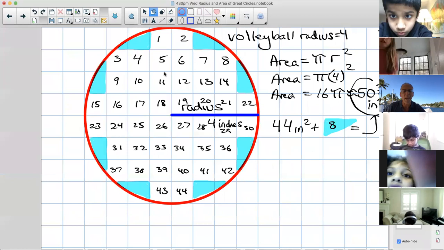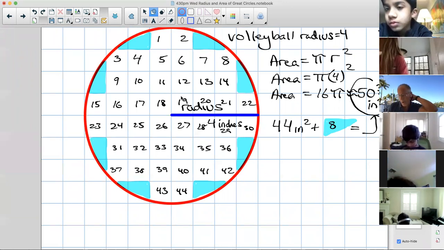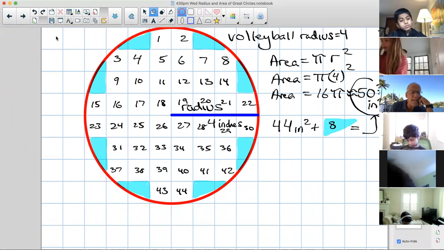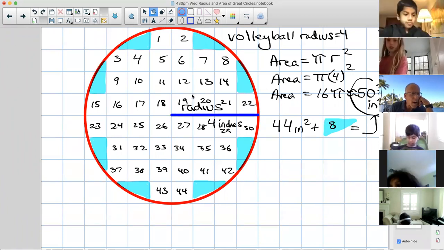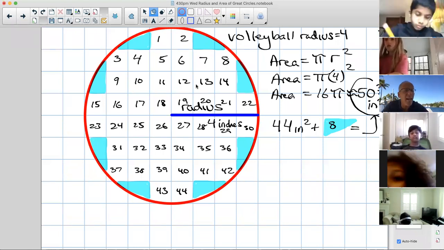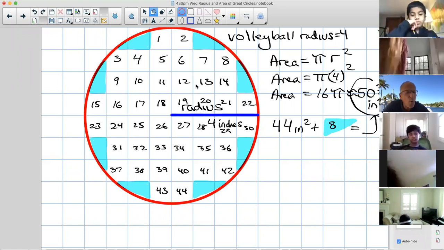There should be a circle with a radius of 4. What I did, everybody, is I drew a circle with a radius of 4 on a square grid. And then I tried to say, how many square units go into that circle?